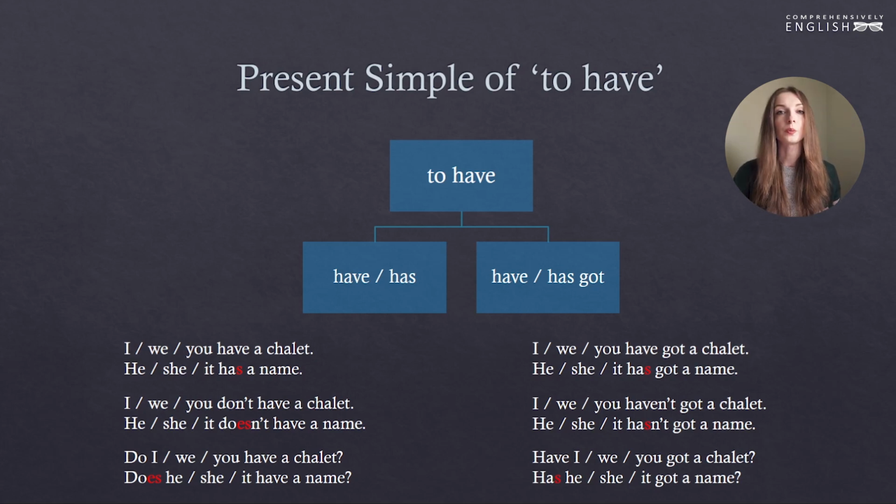My suggestion would be that you pick one of them. So either you say I have, or you make a habit of using have got. Up to you. The thing you should remember though is the one that I have already mentioned. You won't be able to use have got and have interchangeably in all situations. Let me show you why.